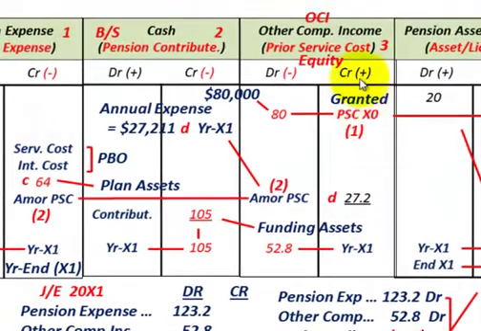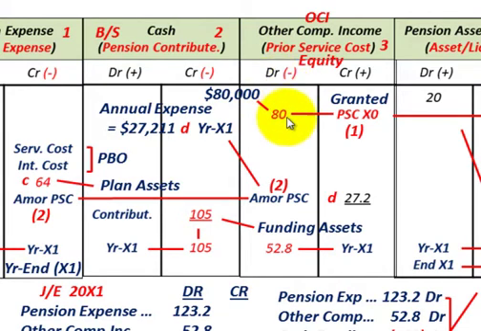Just remember, we can move it up here to other comprehensive income, the OCI, and that's for this prior service cost, and we use the straight line method in this case to determine how we would enter our prior service cost, based on that extra $80,000 that was granted to the existing employees under this pension plan.